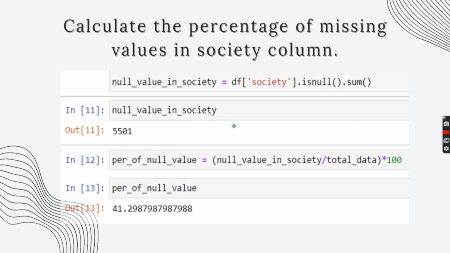It means that in total rows of 13,320, we have 5,501 null values. To get the percentage of null values, we simply divide by the total number of rows and multiply by 100. We get 41.29% missing here. We simply use this function and get our values as output.